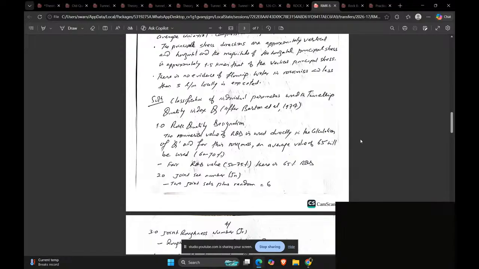Ratings: poor, very poor, fair, good, excellent, 100 to 90, 90 to 75, and so on. Q equals RQD by Jn, times Jr by Ja, times Jw by SRF.